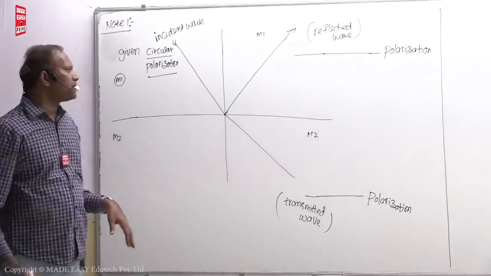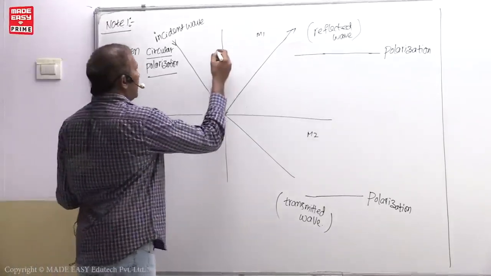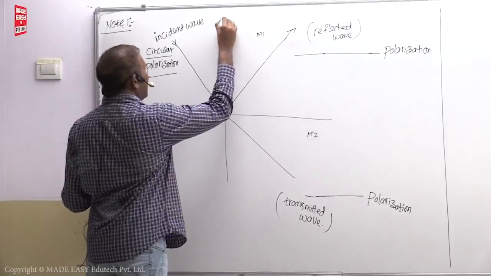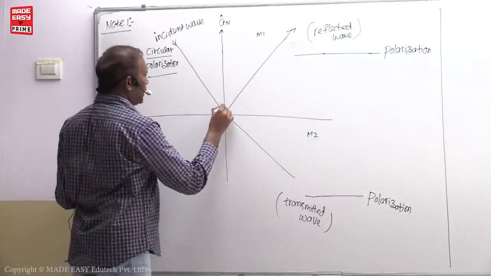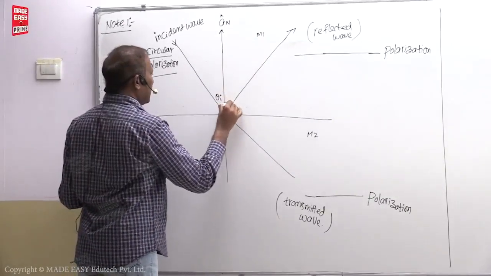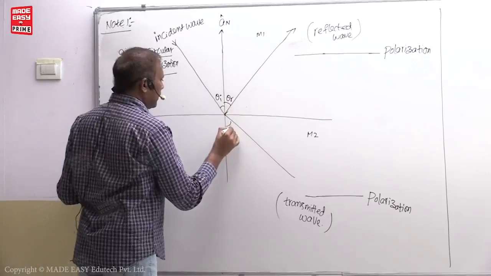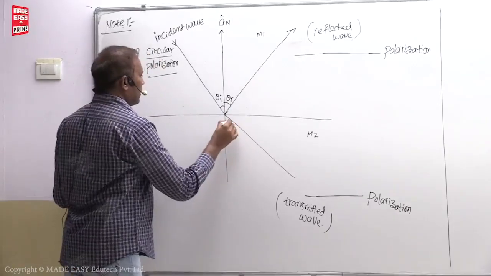That is the question. So this is actually n cap, and this is theta I, this is theta r, and this one is theta t.